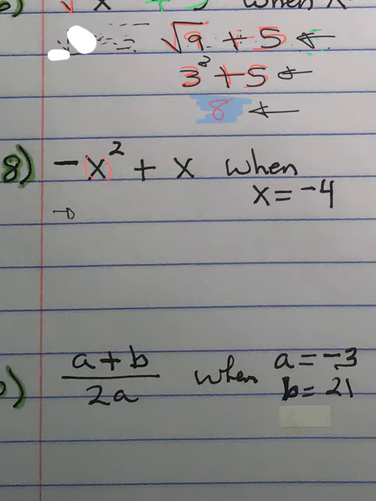So you should have a negative and then a parentheses around the base squared plus, so we're going to put a negative 4 where the x used to be, and because we have a plus sign and we have a negative number, we like to put that extra parentheses to keep that addition sign a little bit away from that negative sign. So we like to put an extra parentheses there to keep those two symbols away, right? So that's what your first line should look like. You should have had a parentheses around just the base. Some of you are putting your parentheses around the whole thing. You shouldn't put your parentheses around the whole thing, just the base.